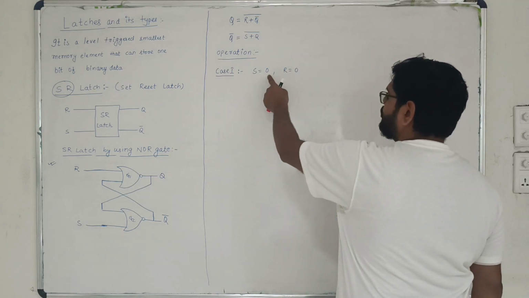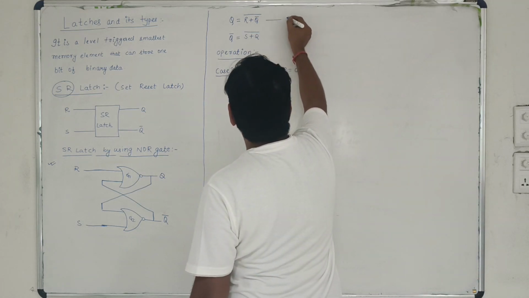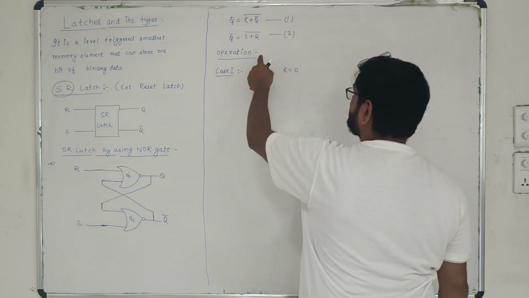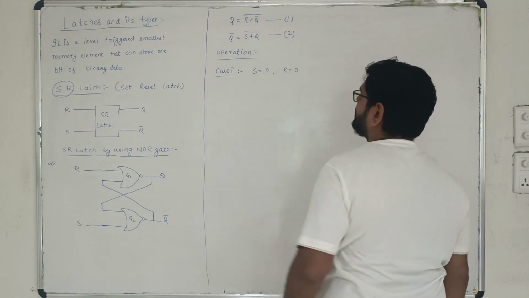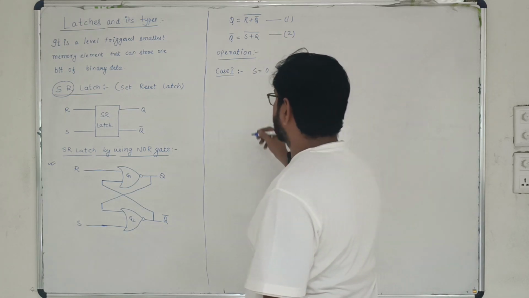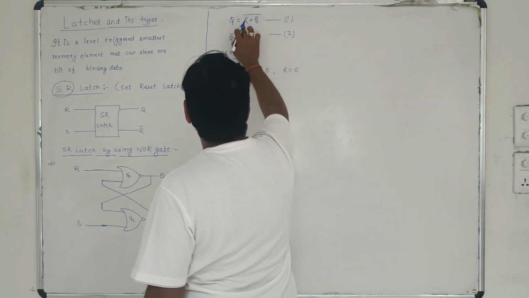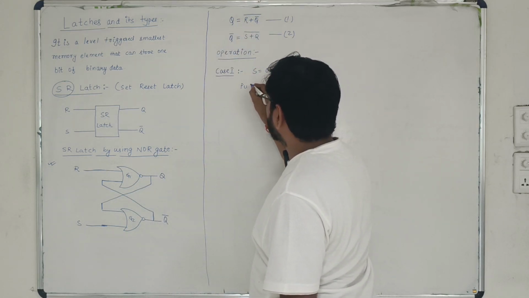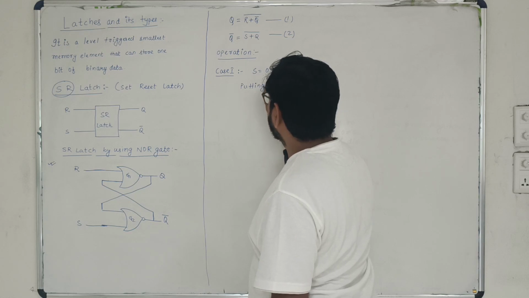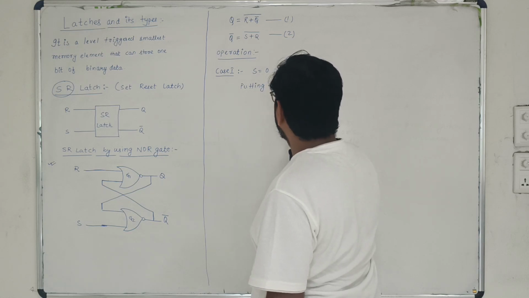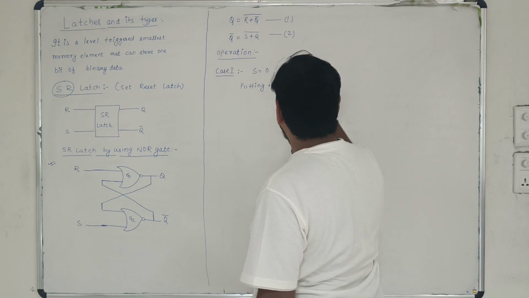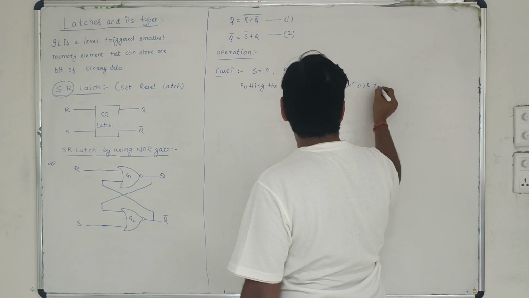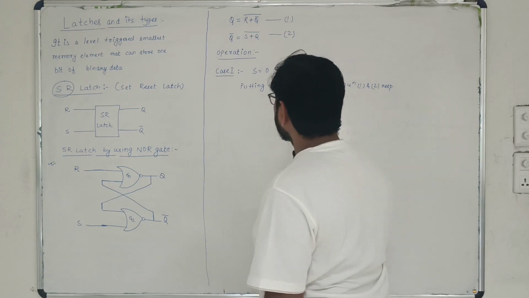Now I am just numbering it. This is my equation number 1 and this is my equation number 2. Just put the value of R equals 0 in equation number 1 first. Putting the values of S and R in equations 1 and 2 respectively, what will you get?